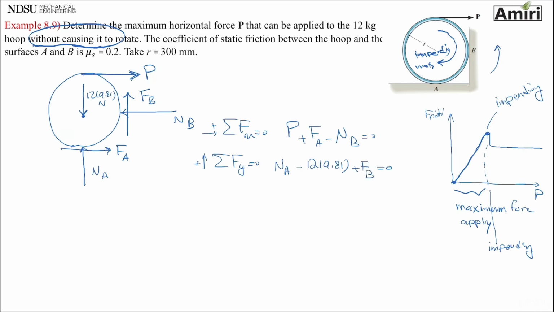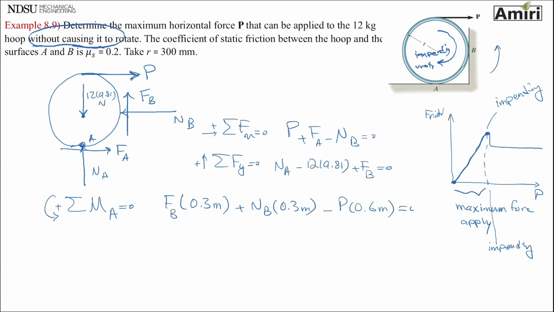What else can I write? I can write summation of moment about point A being 0. So W, FA, NA, they all go through it. No worries with any of those. I have an FB of 0.3 meters. I have an NB of 0.3 meters. I have a P of 0.6 meters equals 0.